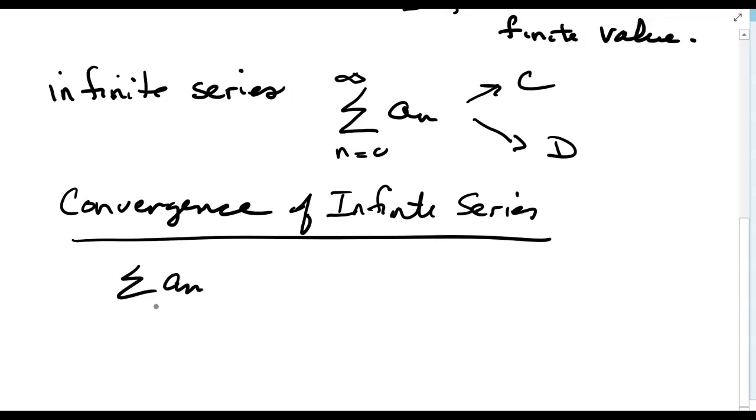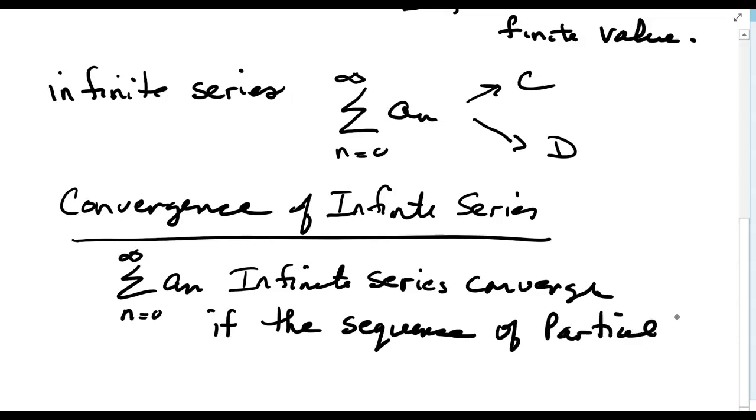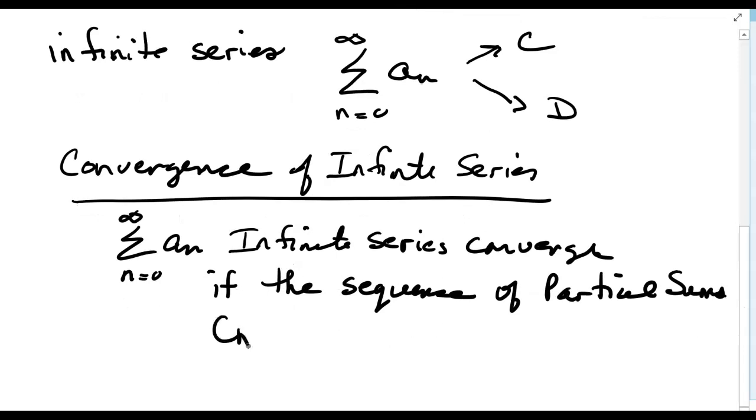So your series is the sum of a sub n, where n goes from 0 to infinity. An infinite series converges if, and this is where we'll use sequences, the sequence of partial sums converges.